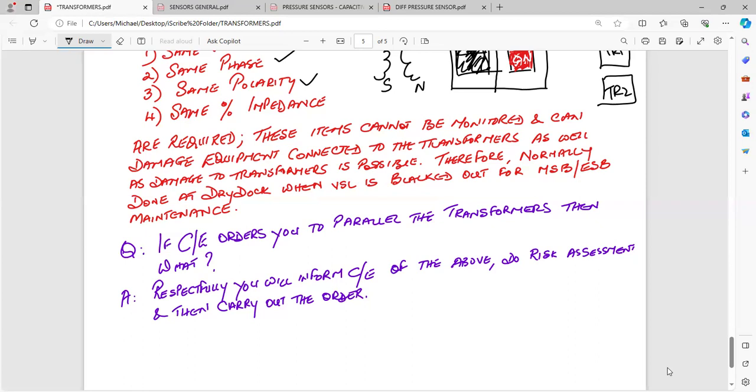So you will tell the examiner, sir, respectfully, I will tell the chief engineer it is not possible, giving all the requirements, and tell him that equipment can get damaged and most probably will get damaged. Do the risk assessment, and if the risk assessment comes out with negligible risk, then you can carry it out. But if the risk still remains, then the chief engineer will think twice.